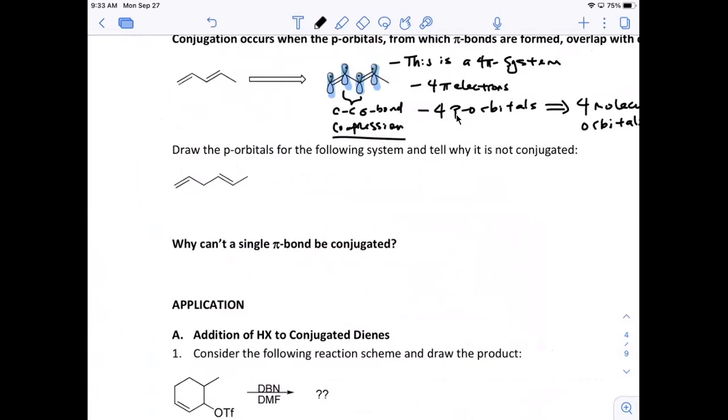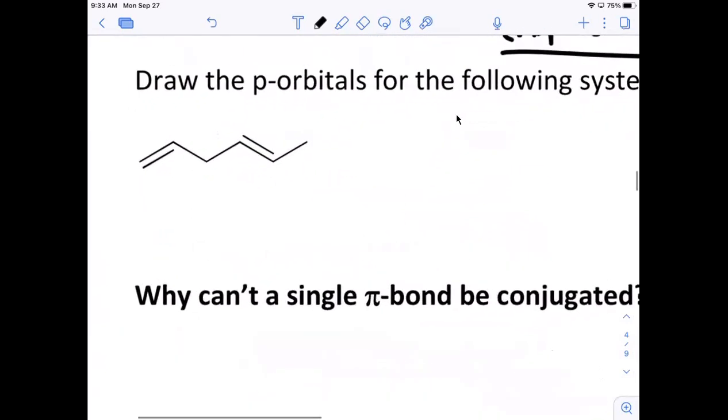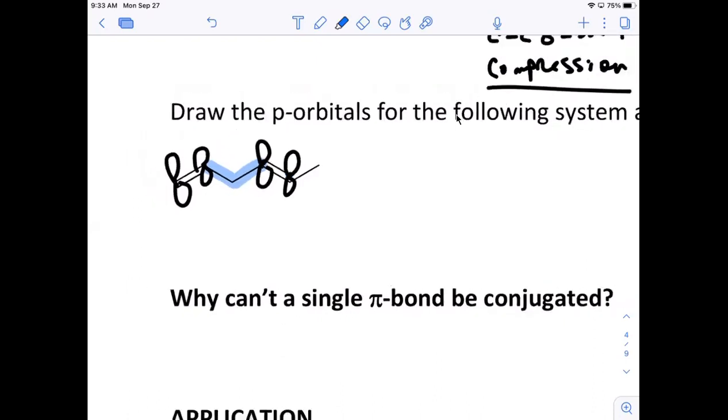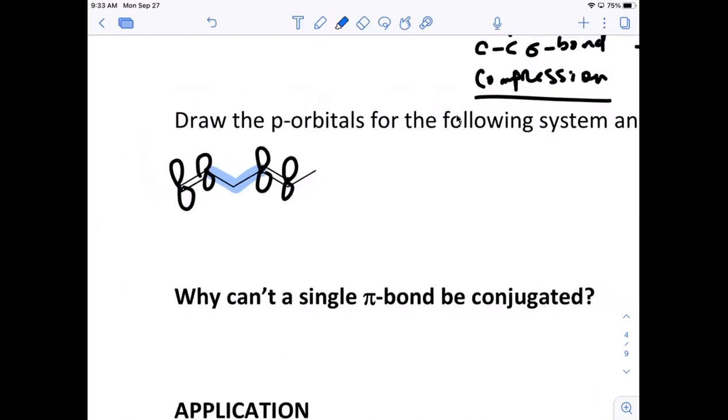Because of the sigma bonds in the gap between the pi bonds. Yes. So right here, there are 2 sigma bonds instead of 1. So what does that mean if we were to look at the molecular orbitals for this? Would those two pi bonds be independent, or would it be a 4-pi system?